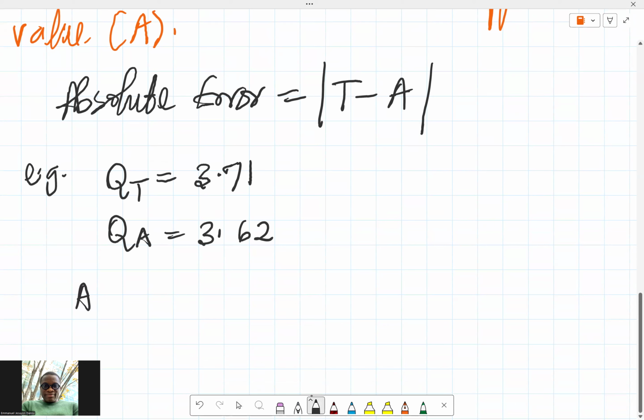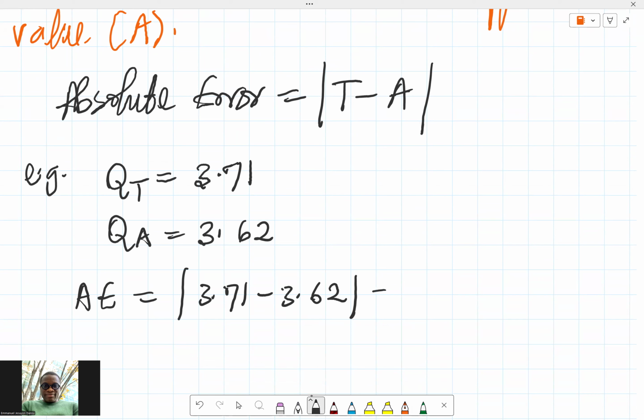So the absolute error is the absolute value of 3.71 minus 3.62.